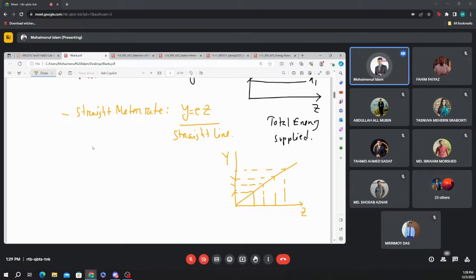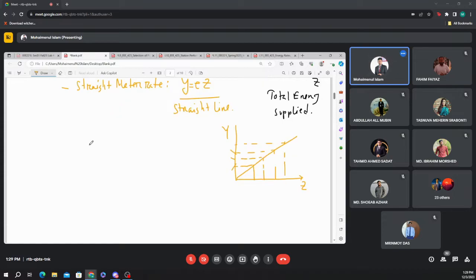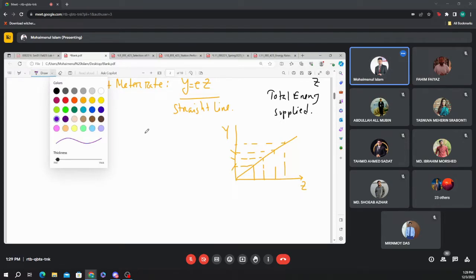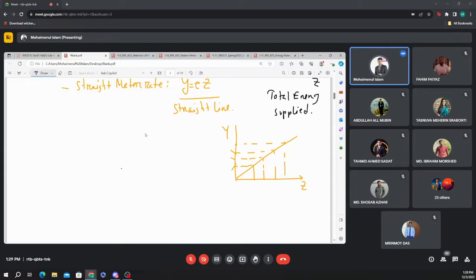So from that concept, the step meter rate comes into the scenario. This is our third rate, the step meter rate. Step meter rate comes from the straight meter rate.